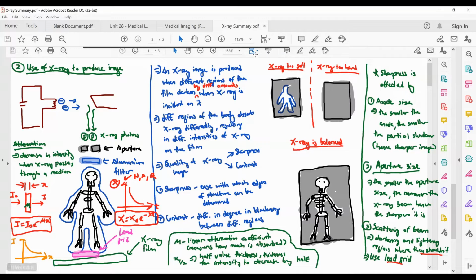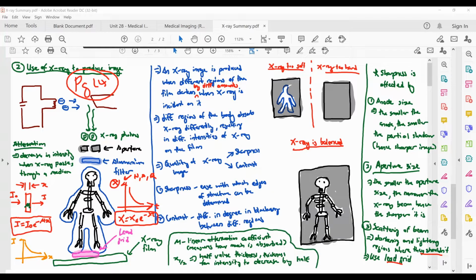All right, so this part is for your X-ray. So we'll just do some of the questions to have a better understanding of all the materials that we covered here. Go to page 14 of your medical imaging chapter. Have a look at page 14.